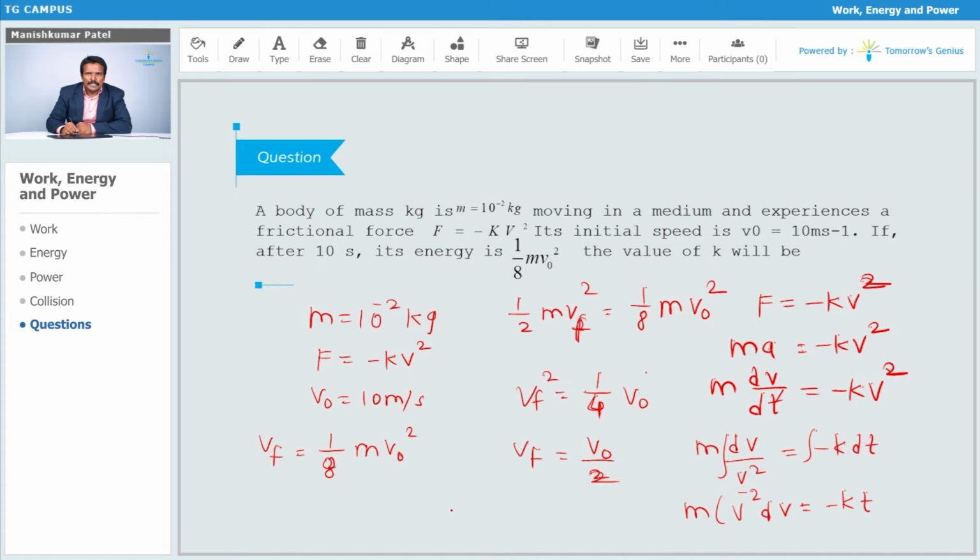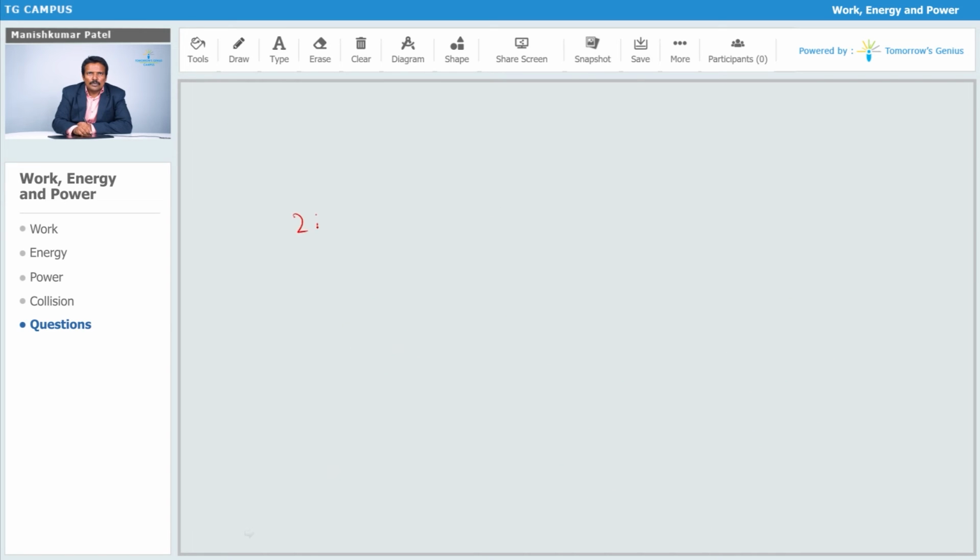Writing down the value, v to the power minus 2 integrates to v to the power minus 1 over minus 1, equals minus kt. So m upon v equals kt.